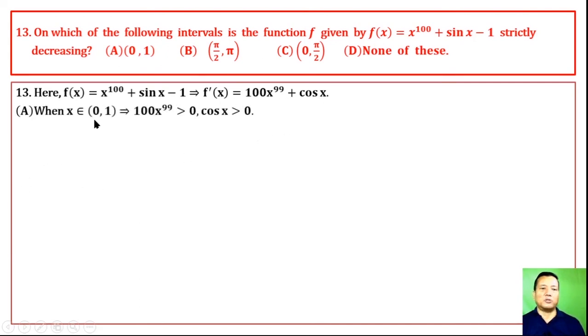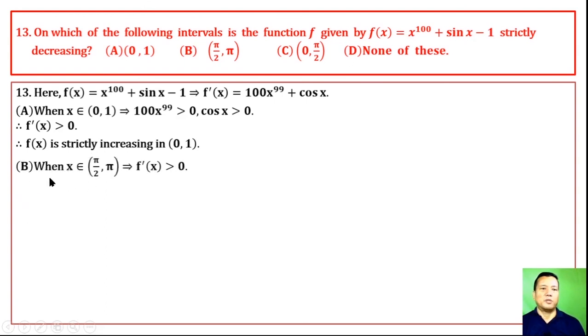When x belongs to 0 to 1, the first term is positive, and cos x is also positive. The sum of two positives is positive, therefore the sign of f dash is greater than 0. Therefore, f of x is strictly increasing in the open interval 0 to 1.